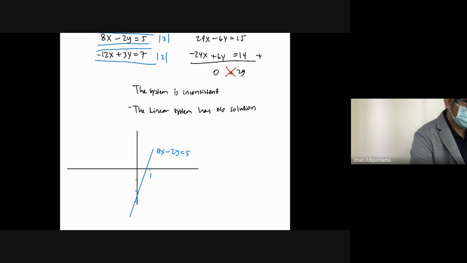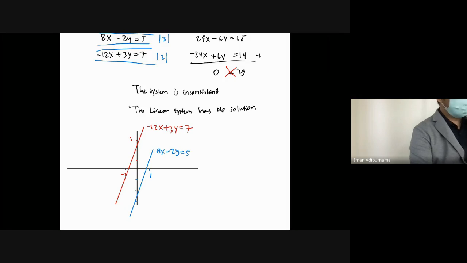And this will be negative 12x plus 3y equals 7.